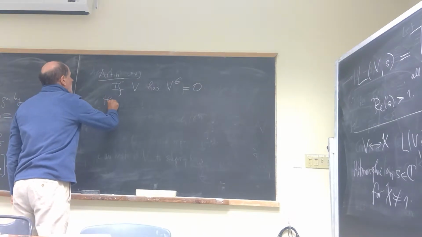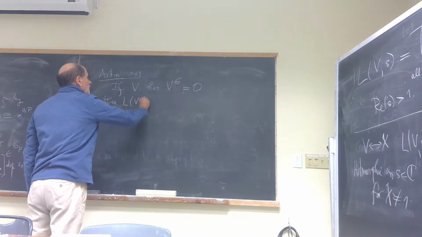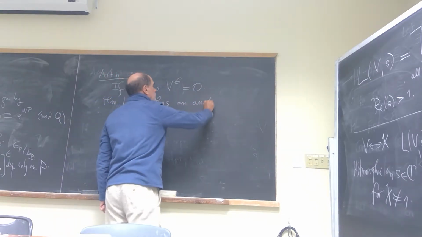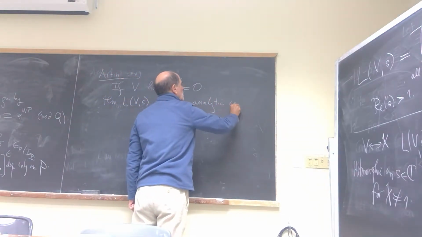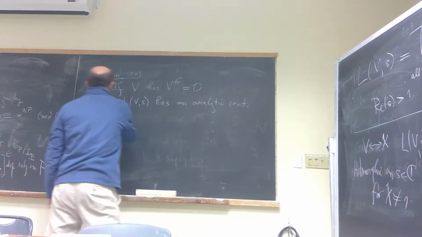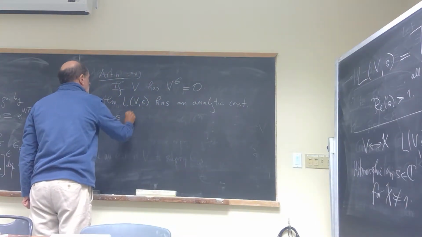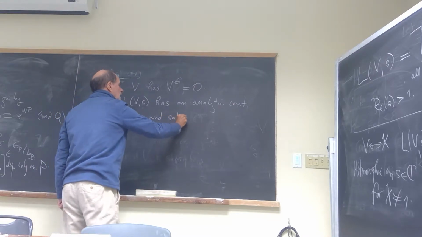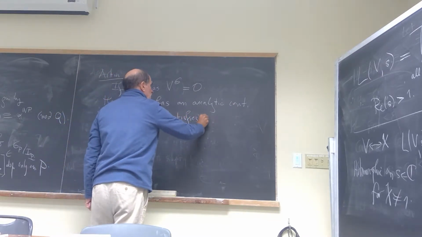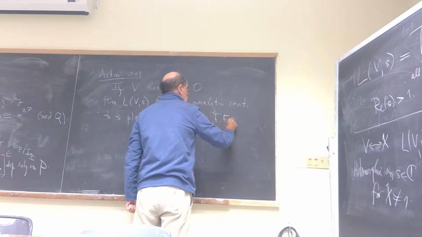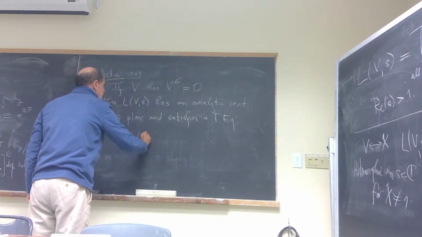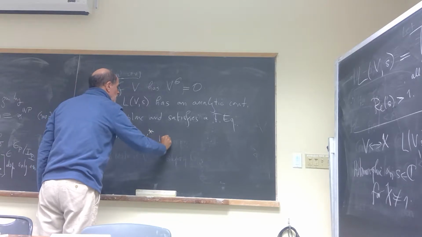Then L(V,s) has an analytic continuation to the s-plane and satisfies a functional equation with L(V star, 1 minus s), the dual representation at 1 minus s.